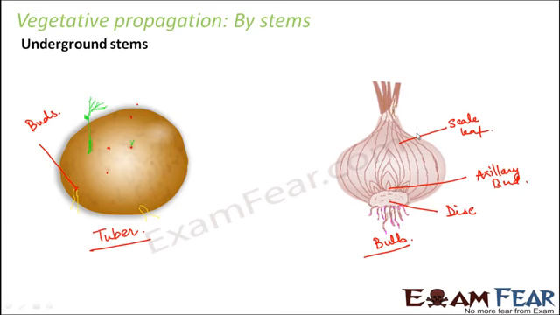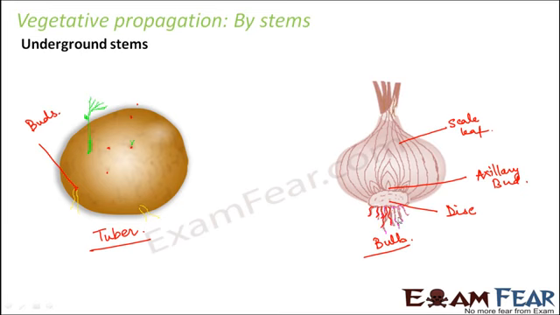The structure of onion and garlic is a little similar, and this entire structure is referred to as bulb. The roots emerge from the underside of the stem. So if you see here, the roots are emerging from the below side of the stem.